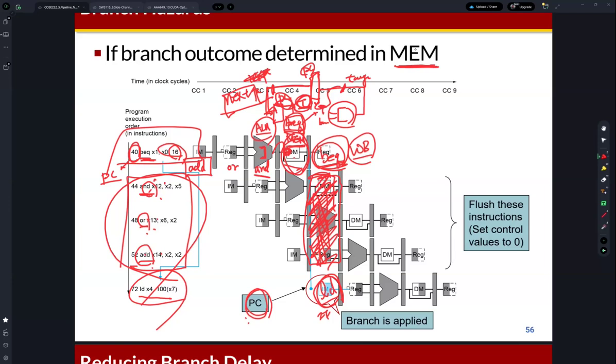Then how can we reduce the performance drops by branch instructions? How? So what's the problem of control hazard? Why are three cycles wasted?